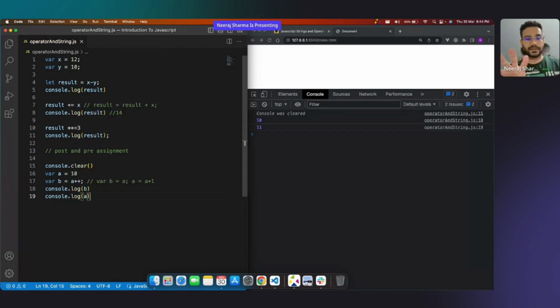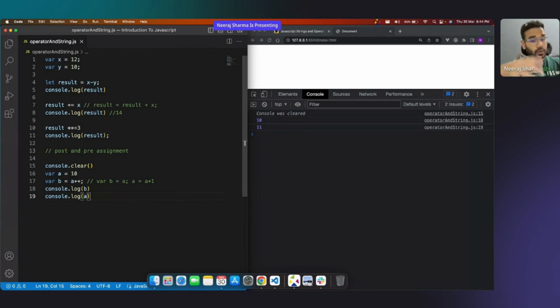So a is 11. Why? The increment of a happened after it got assigned to b. Anyone has any doubt? So this is your post assignment.